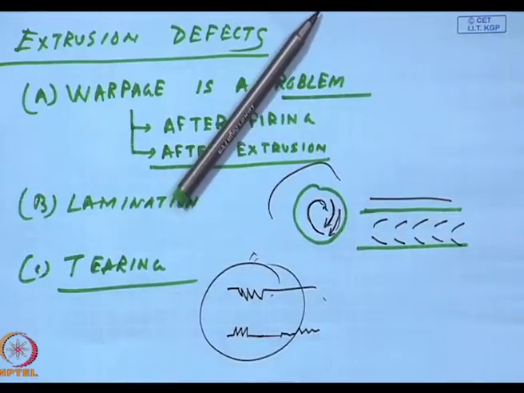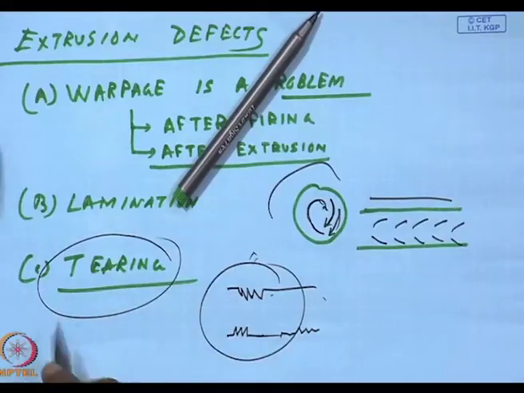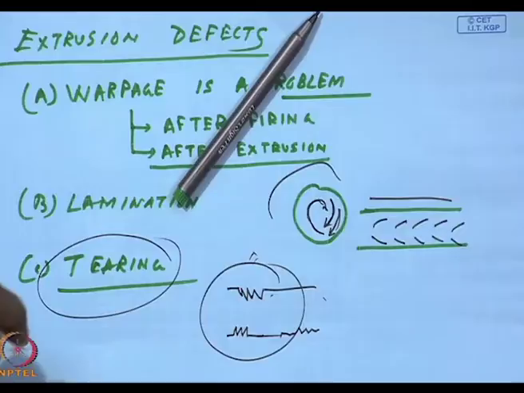Because the molten polymer is flowing past the spinneret, it is cooling, there is adhesion between the die wall and the polymer, and as it is cooling down, tearing may very well occur.